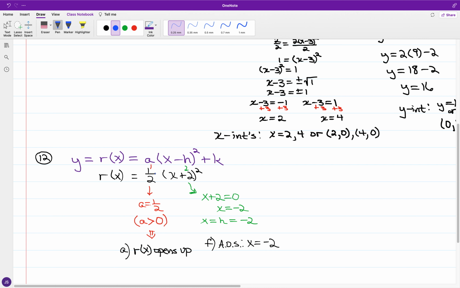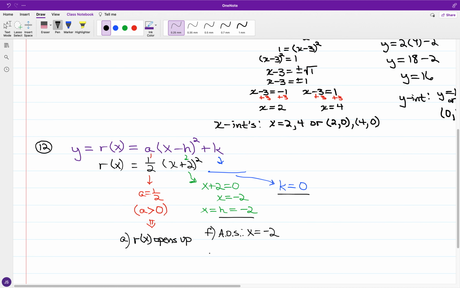And if you notice, 1/2 lines up with a, x plus 2 is lined up with x minus h. But we have a void. Nothing follows the square of that which represents x minus h. And since there's nothing added or subtracted, the value of k is 0. So we got h at -2 and k at 0.